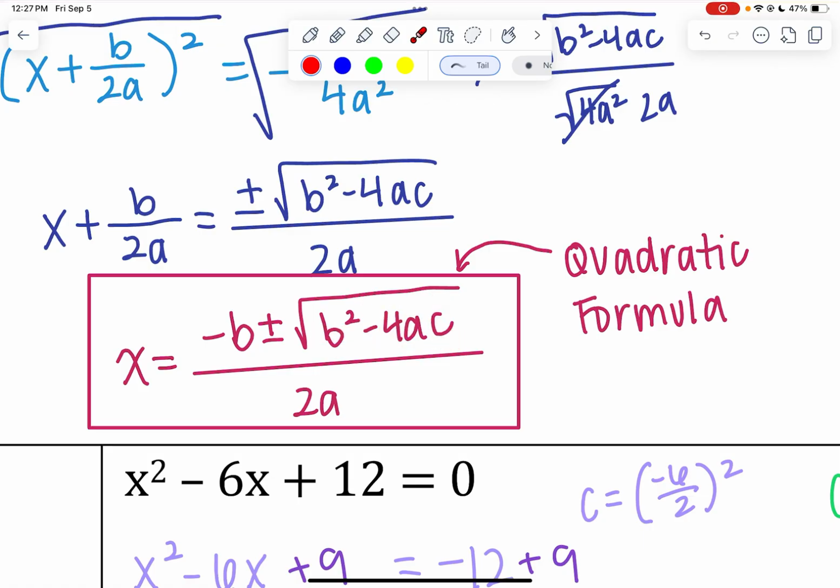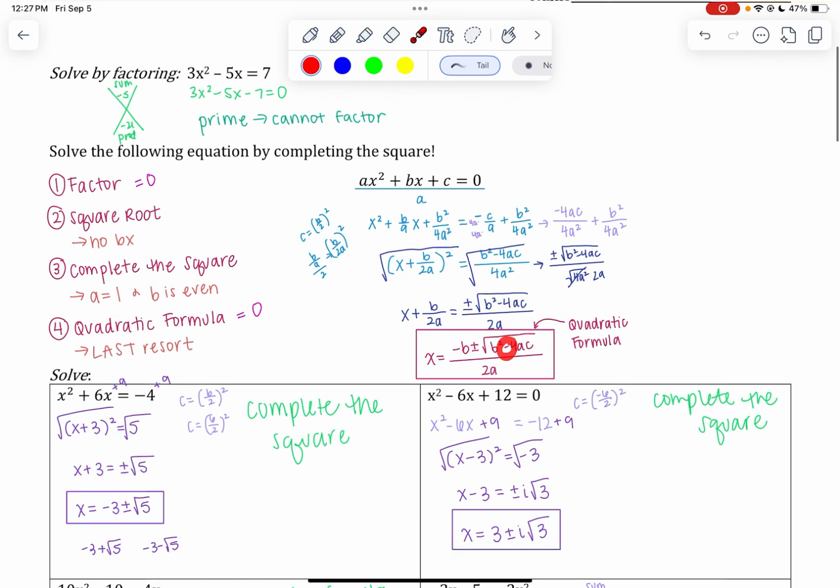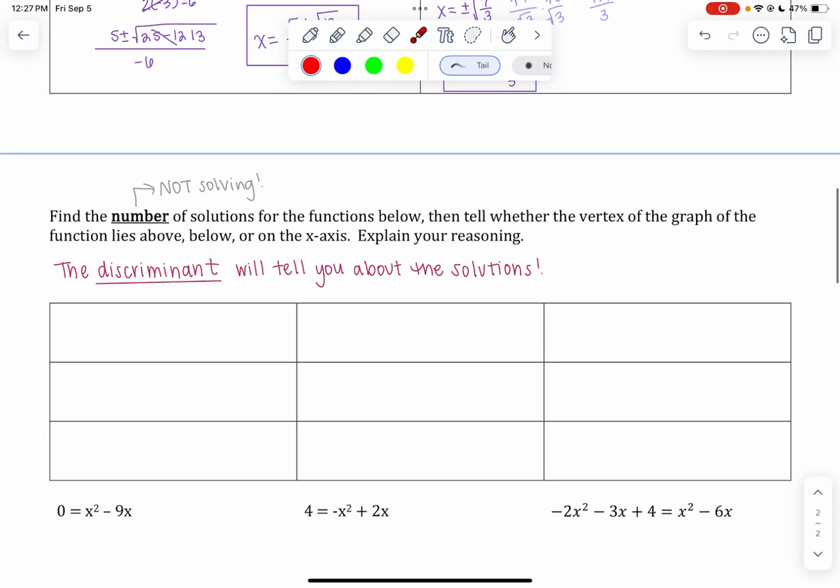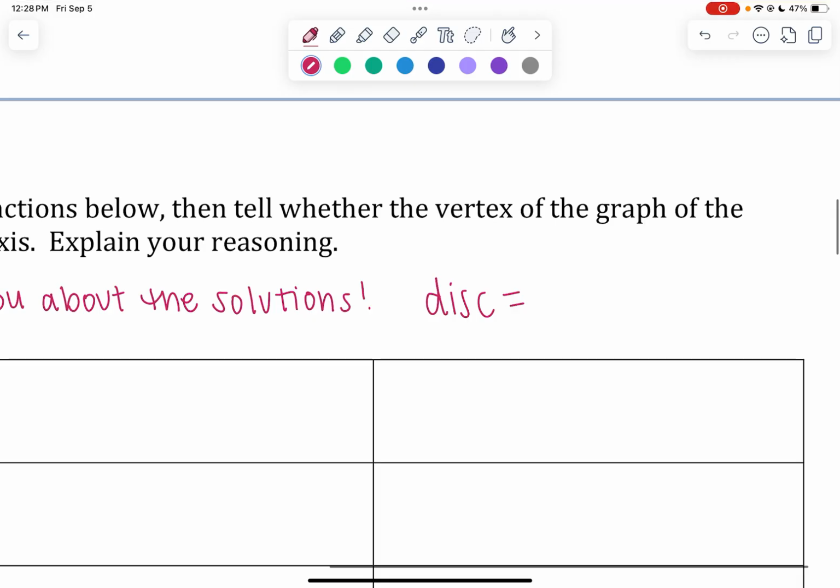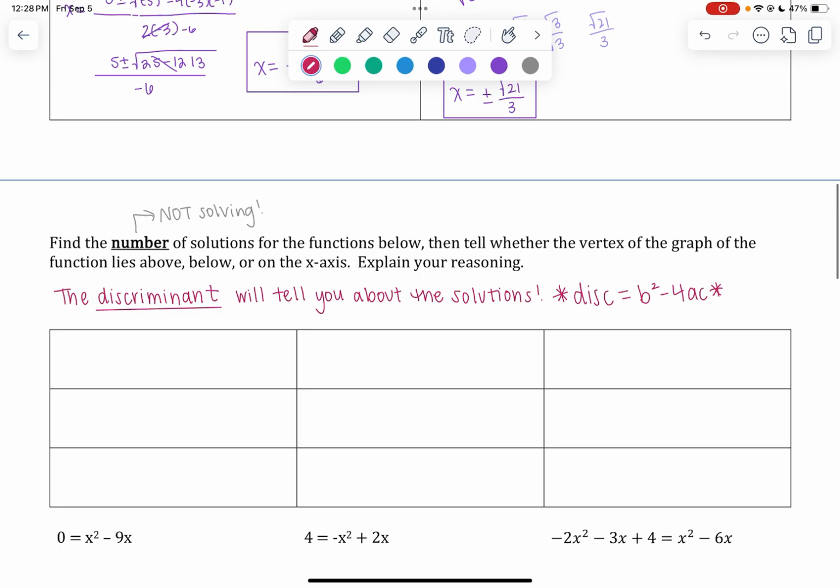And if this number just happens to be 0, well, there's no plus or minus 0, so that would give you 1 real solution. So it all relies down on that part that's under that radical, b squared minus 4ac. That's your discriminant. That's going to tell you about your solutions without solving.